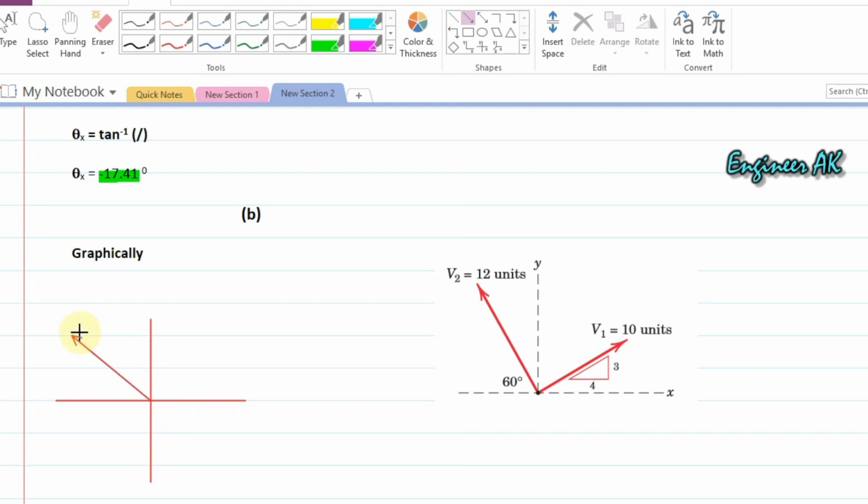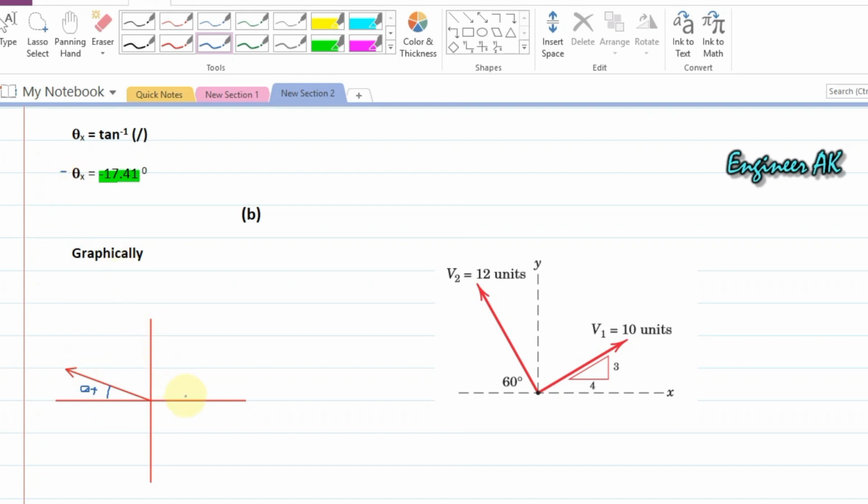Because the angle is 17, it will be something like this. So this 17 angle is actually this angle, theta x, although it is with the negative x-axis, not with the positive x-axis.